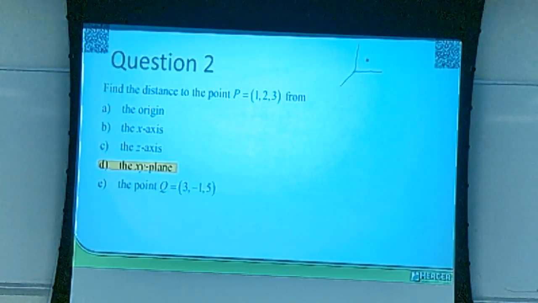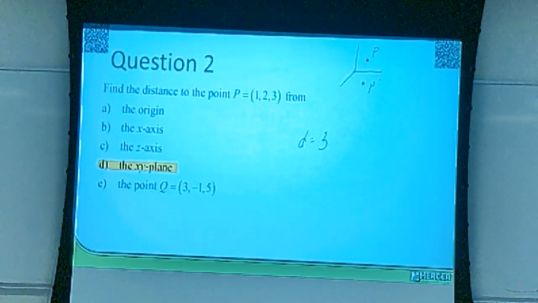If that's the point, since it's the xy plane, you take its projection on the xy plane, and the distance between those 2 points would be the distance you're looking for. Isn't that just going to be the height of the point off the plane? Distance is 3.